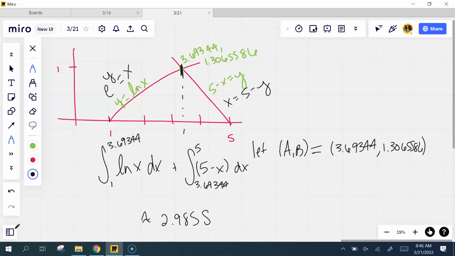Well, for me, it was easier that way because it was easier for me to say that the area was the integral from 0 to 1.3065586 of, and then I did right minus left. So I did 5 minus y minus e to the y, because it's with respect to y here.